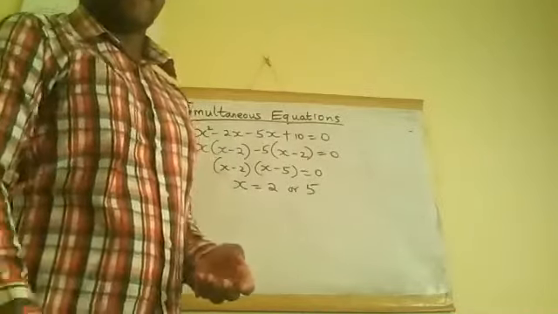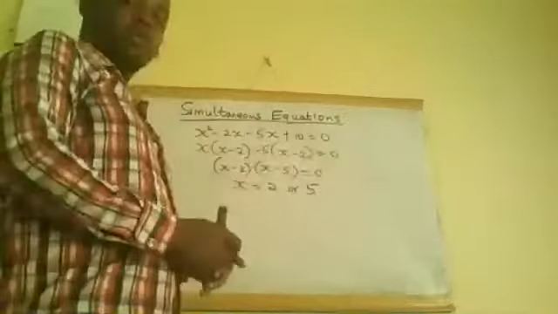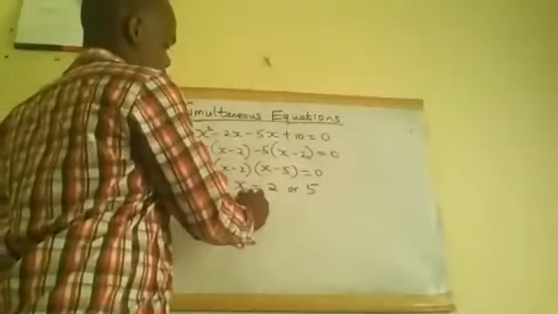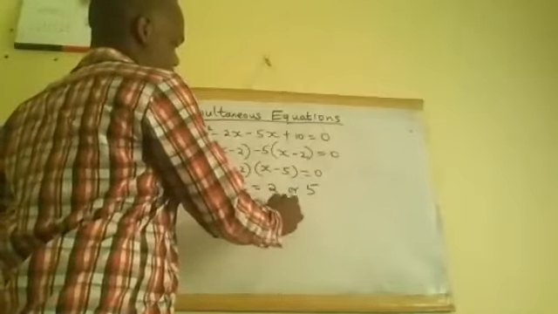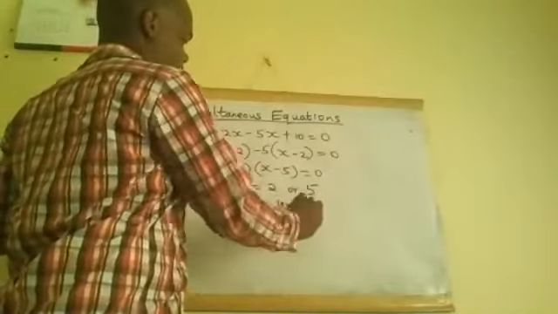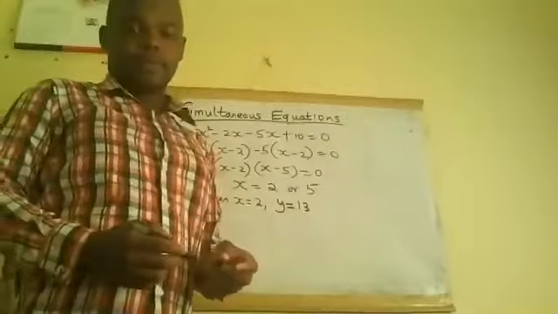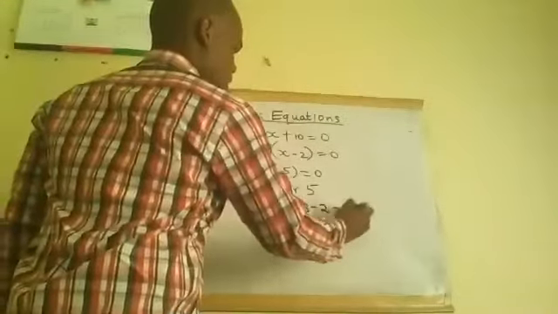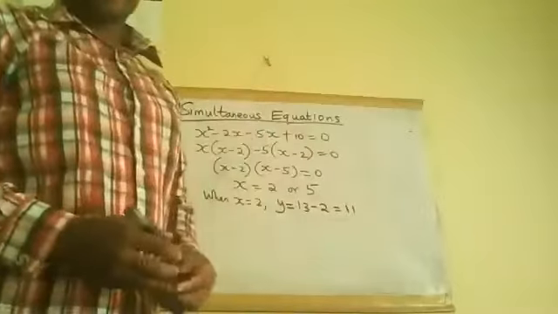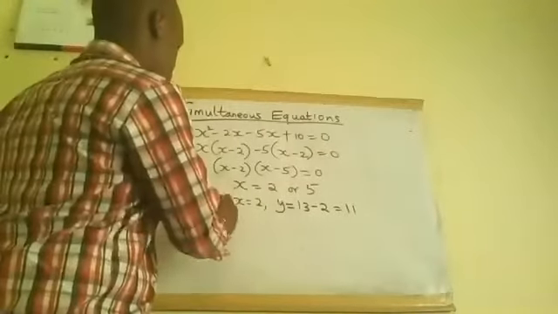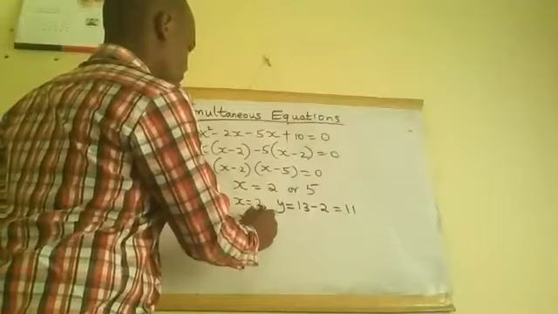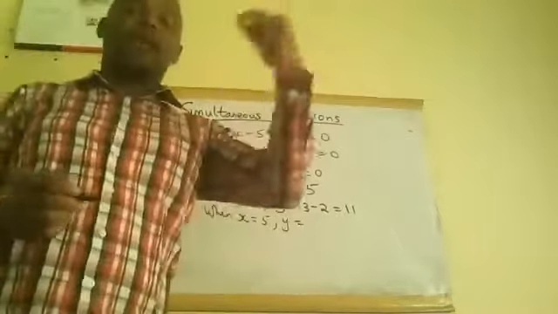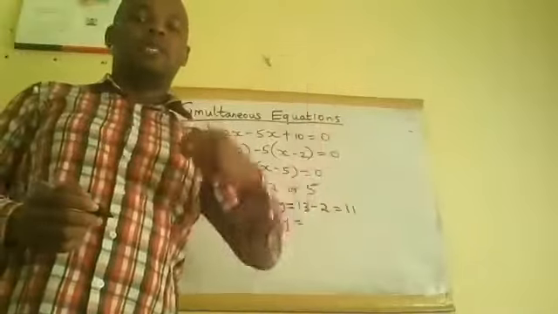Then you ask yourself, when x is 2, what is y? So when x is 2, y will be 13 minus 2, which is 11. And then when x is 5, you know y is 13 minus x.